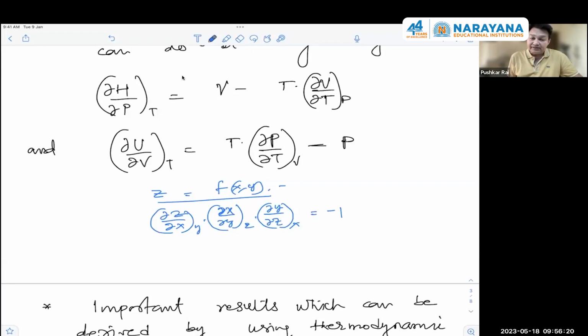This is a fantastic cyclic rule, and thermodynamics uses it extensively.